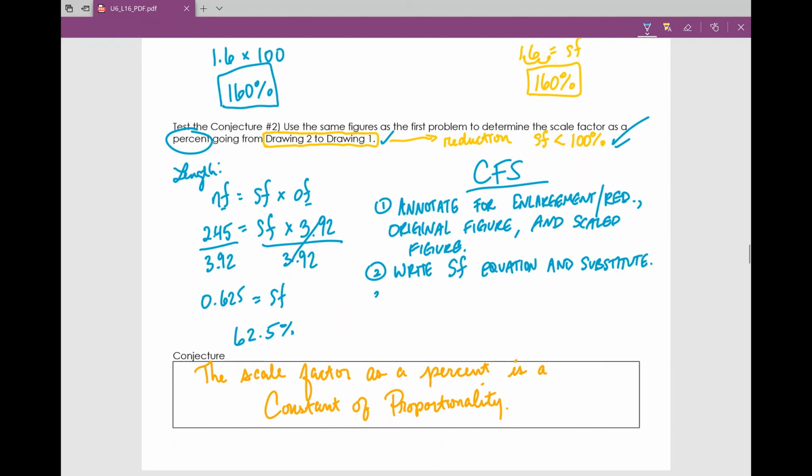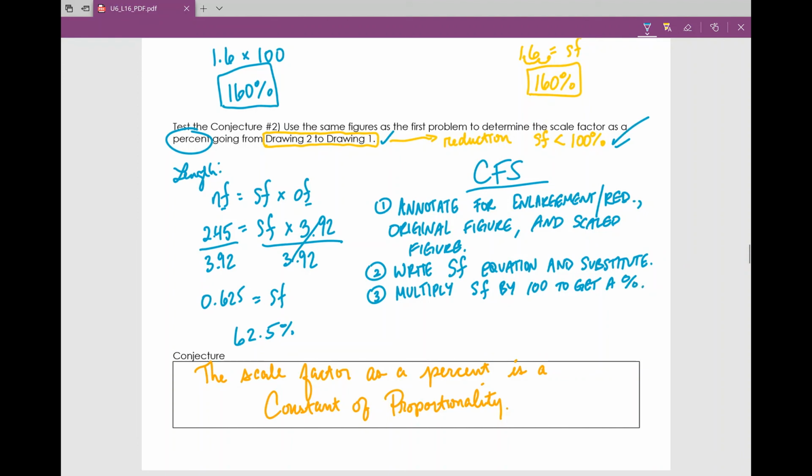After we do that, we're going to multiply the scale factor by 100 to get a percent.